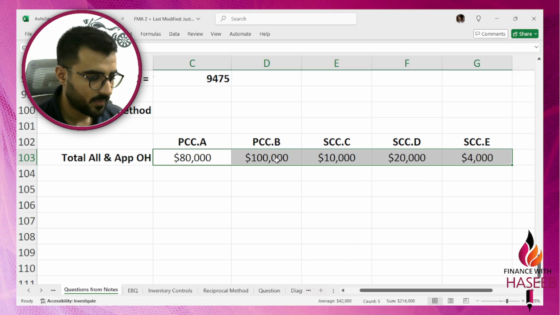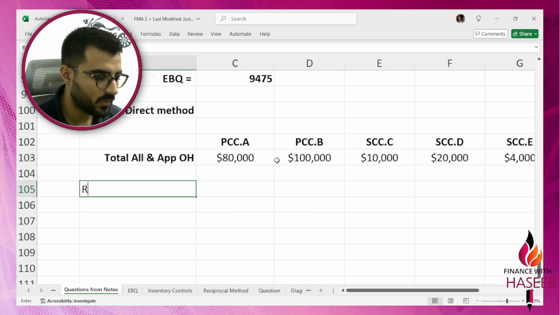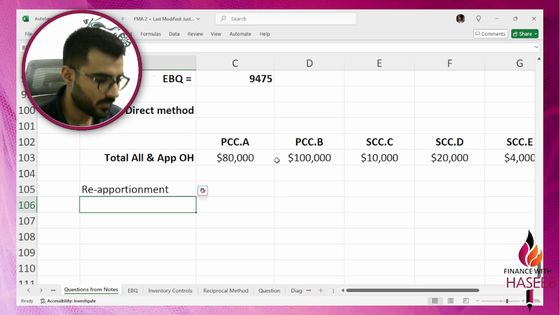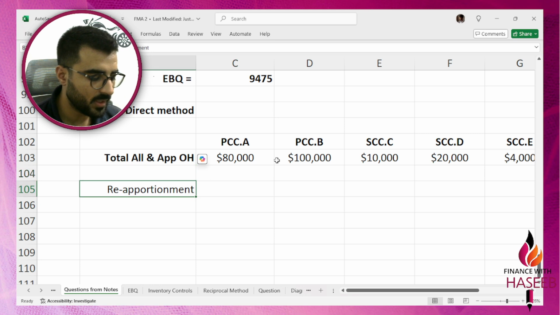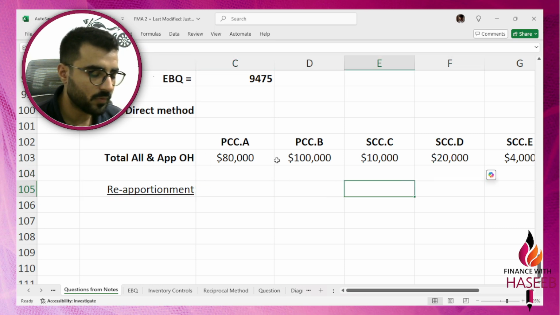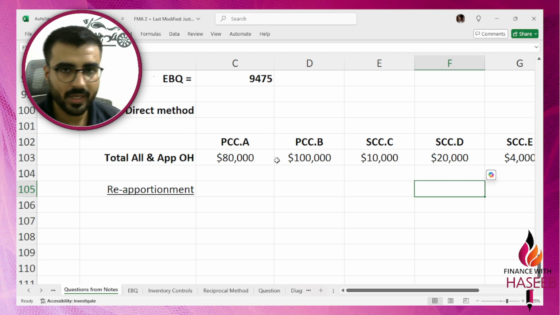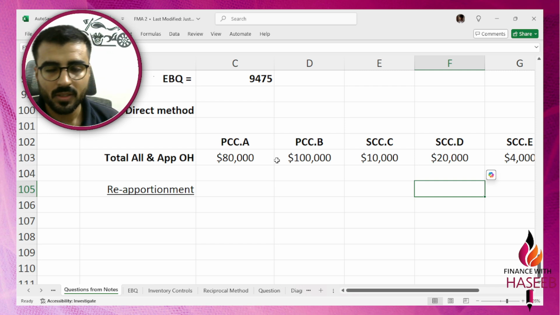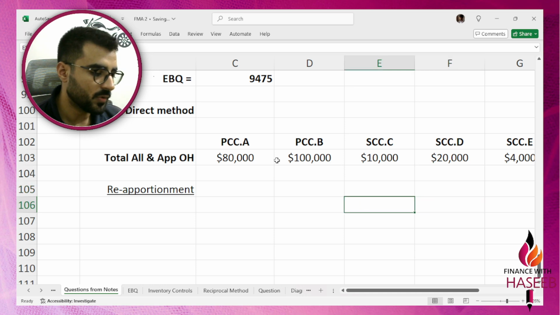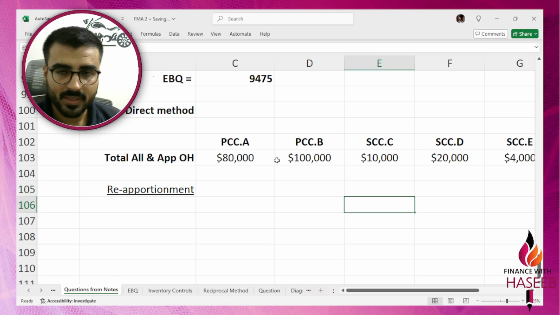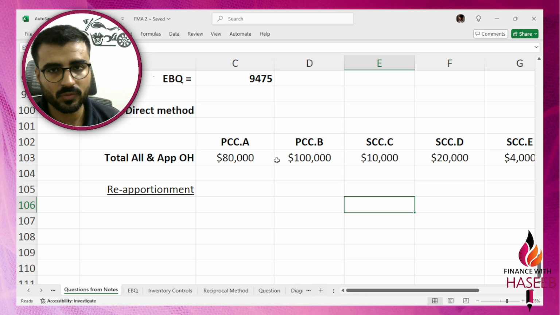Now we have to do the reapportionment stage, and we are using the direct method. Under the reapportionment stage, we are sharing out the service cost center overhead between production cost centers. Under the direct method, services are not reciprocated, and no service cost center provides service to any other service cost center.